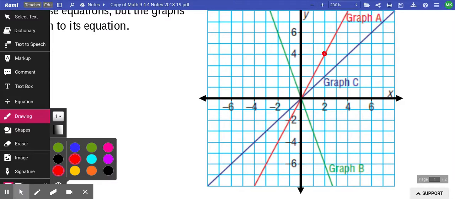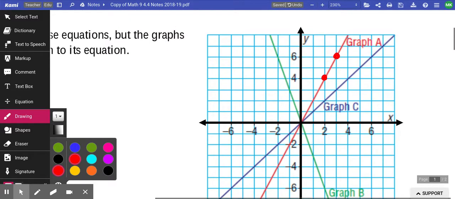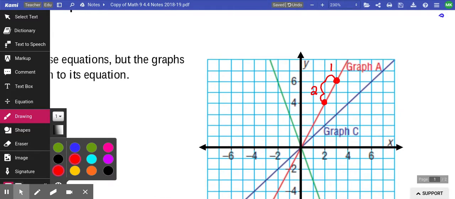This is one spot right here that crosses in the grid. This is another spot right here that crosses in the grid. I could then figure out the slope by counting up 1, 2, and over 1. That means graph A has a slope of 2 over 1.